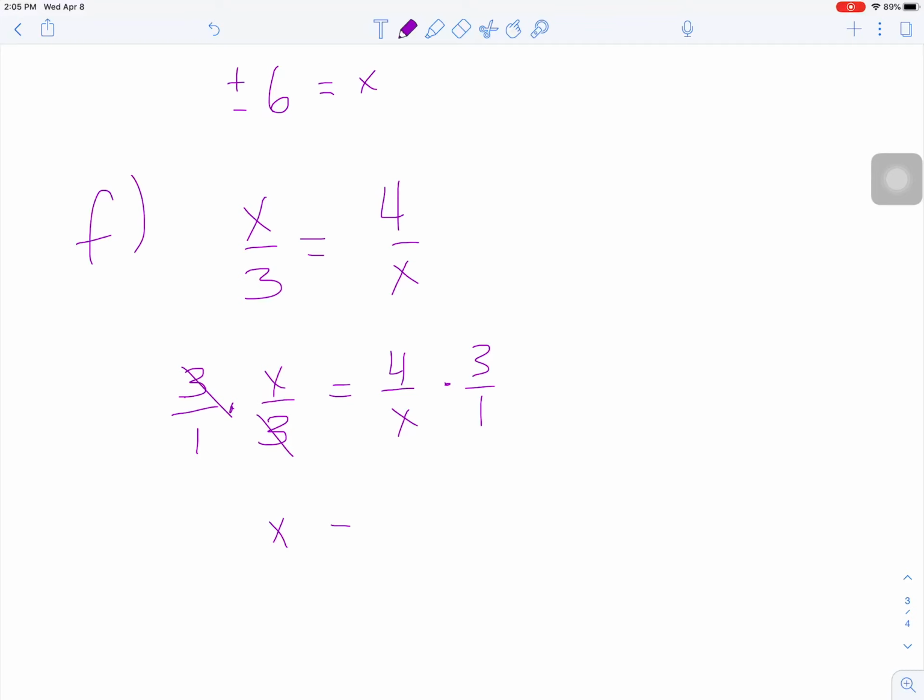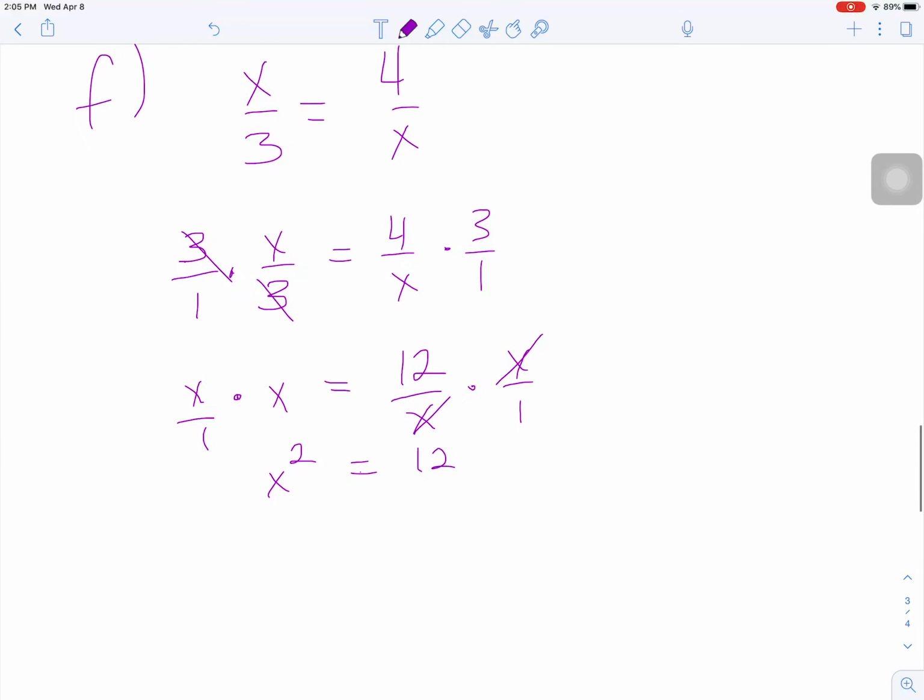So that gives us x on this side because these cancel each other out, and it gives us 12 over x on this side. Now we have to multiply both sides by x over 1 so that these can cancel themselves out.